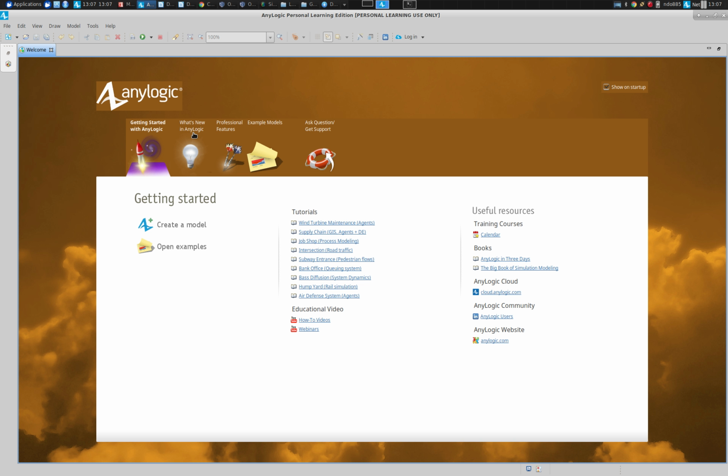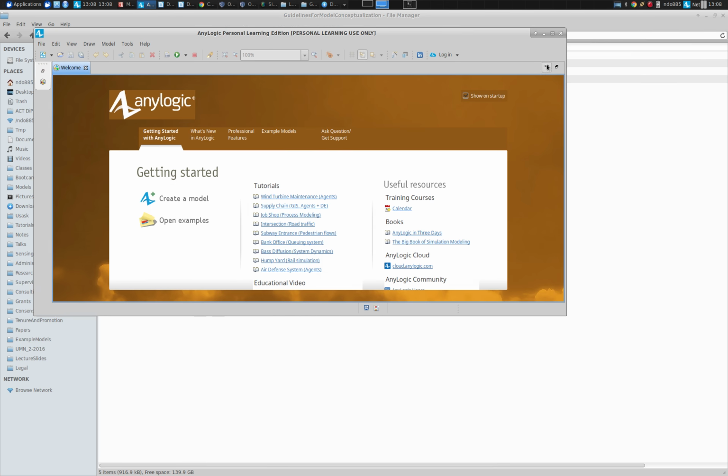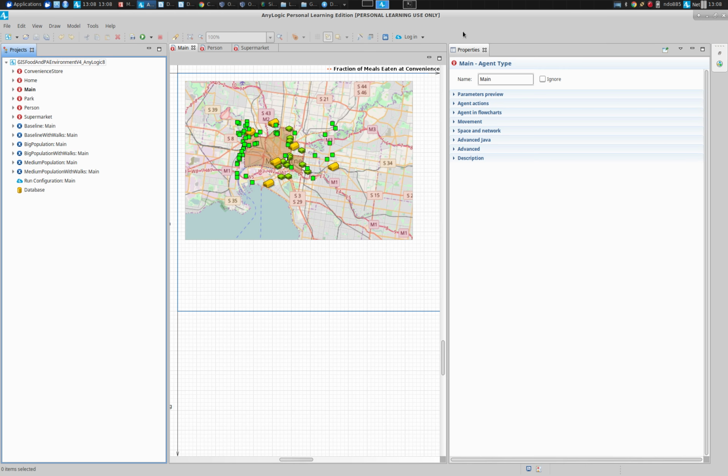It includes action charts to make decisions. We saw that action chart involving someone's decision about what to eat, for example. And models in AnyLogic are composed of these building blocks. And in coming days, we're going to be exploring these in much greater detail.